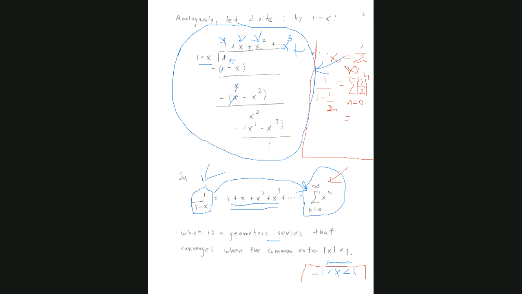Okay. Well, let me ask you this, Robin and everybody. We agree that this series here, hold on, let me maybe make it in purple, we agree that this series is equal to 1 over 1 minus 1/2.